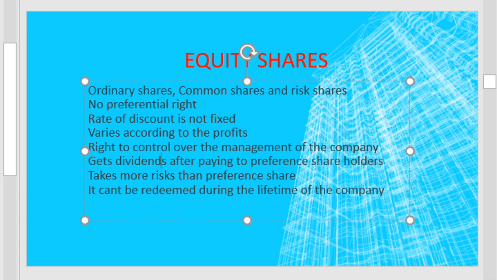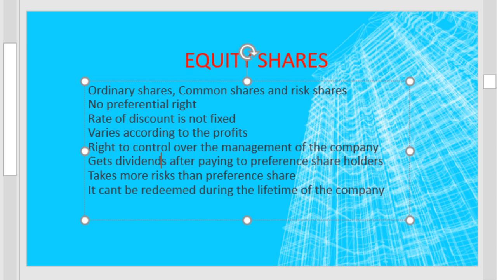Third, the equity share cannot be redeemed during the lifetime of the company. These are some of the features of equity shares. Ordinary equity shares, or common shares or risk shares, have no preferential right. The rate of dividend is not fixed and varies according to profits.